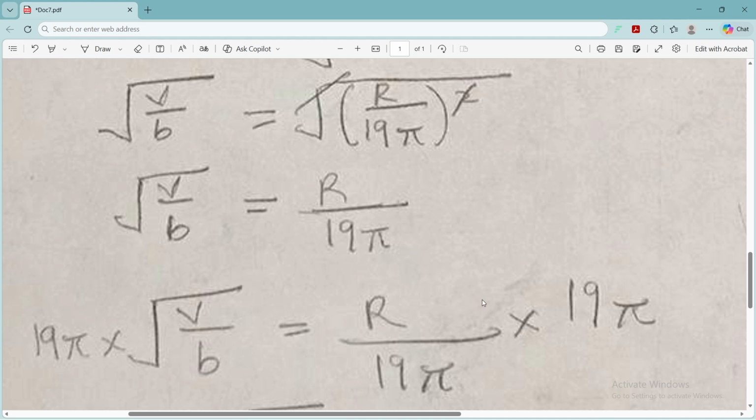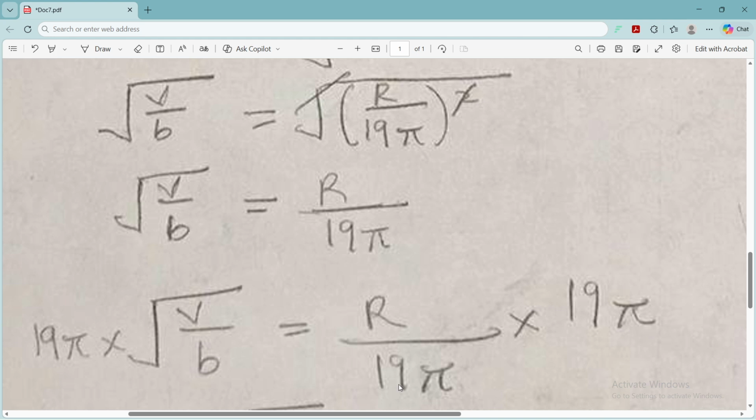So we are going to have our new equation to be 19 pi multiplying the square root of the fraction V divided by B equals the fraction R divided by 90 pi multiplying 19 pi, right?